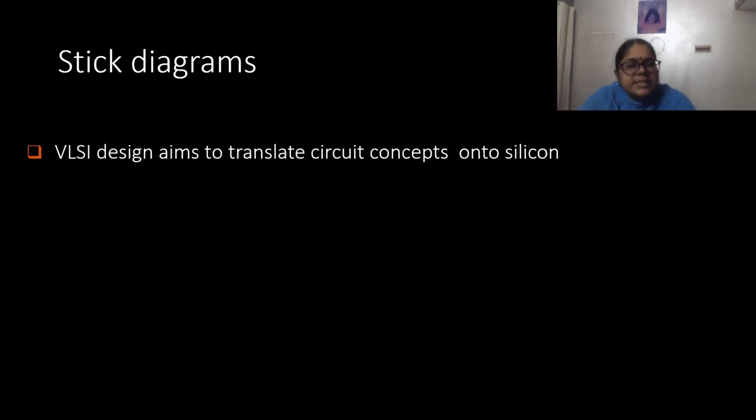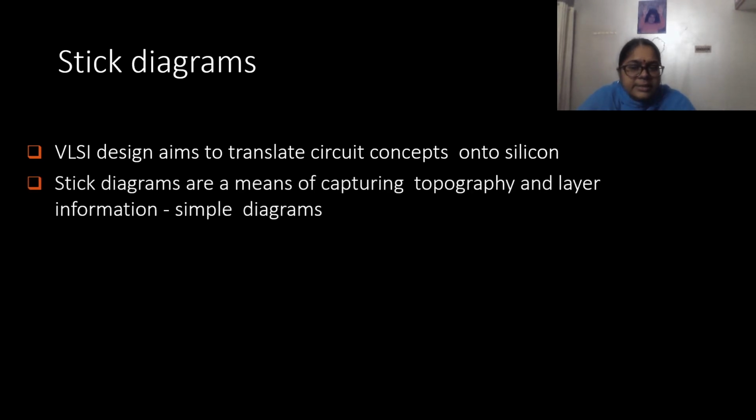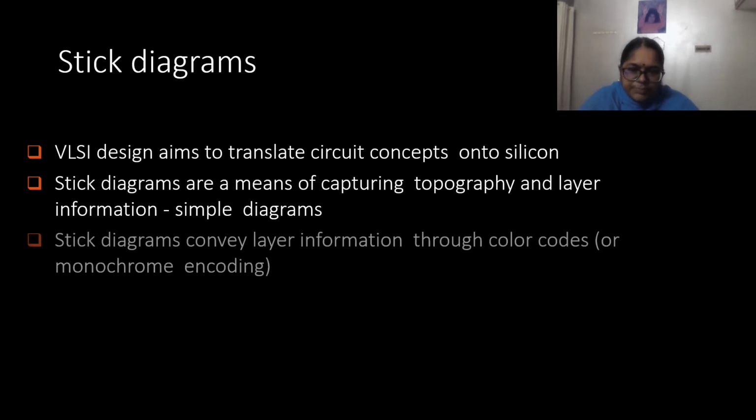Basically, VLSI design aims to translate circuit concepts onto silicon, and stick diagrams are the means of capturing topography and layer information in the form of simple diagrams. Stick diagrams are simple diagrams which capture the layer information and topography of the circuit.